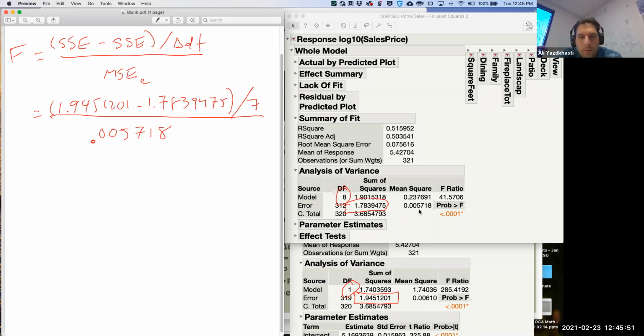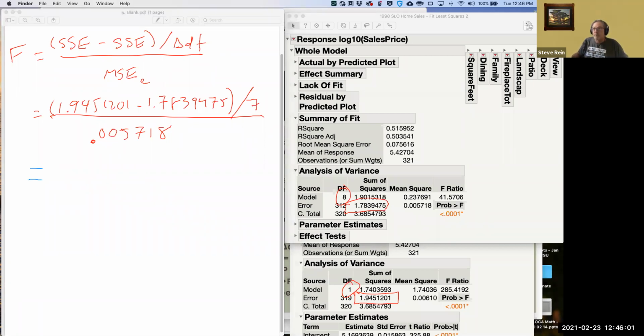Okay, so calculator help here. I need to know the overall value of this F ratio. I got 4.026. Okay, because I'm also looking for one other thing that I was going to share with you.